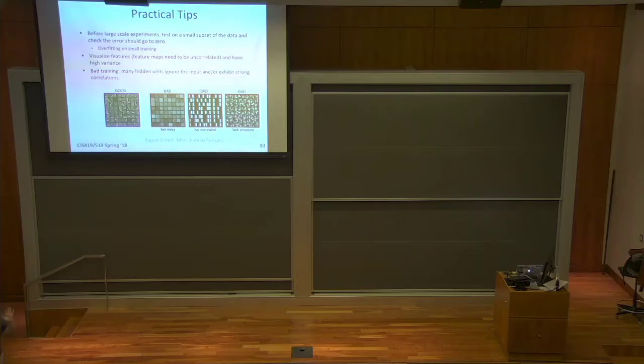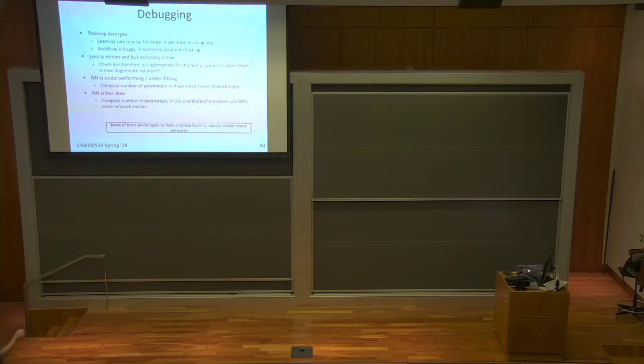And I don't want to see features that are correlated. Correlated features means that I have too many units and they're doing the same thing, right? Features should be very distinct. Ideally, they should be orthogonal, right? So if there's a feature for ear, I shouldn't have 10 filters that capture the ear, right? I should have a feature for ear, one for eyes, and so on.